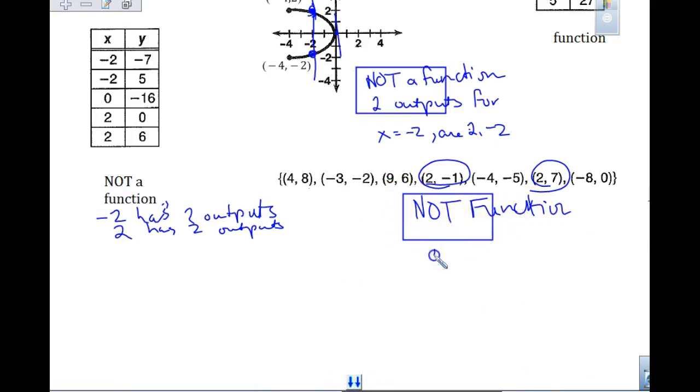Not a function, because 2 has an output of -1 and 7. If they would have both been -1 with 2, or they would have both been 7, it would work. But because we have 2 different ones, not a function. So you just got to be really careful.